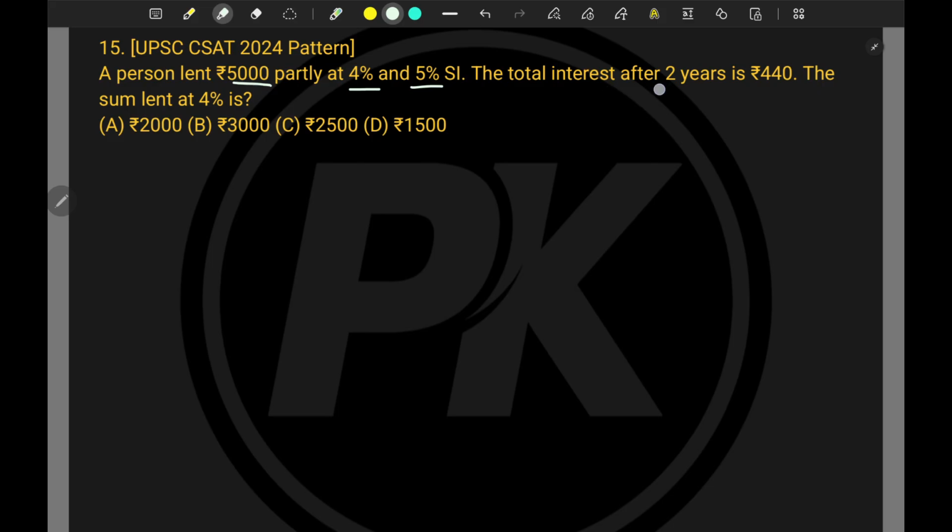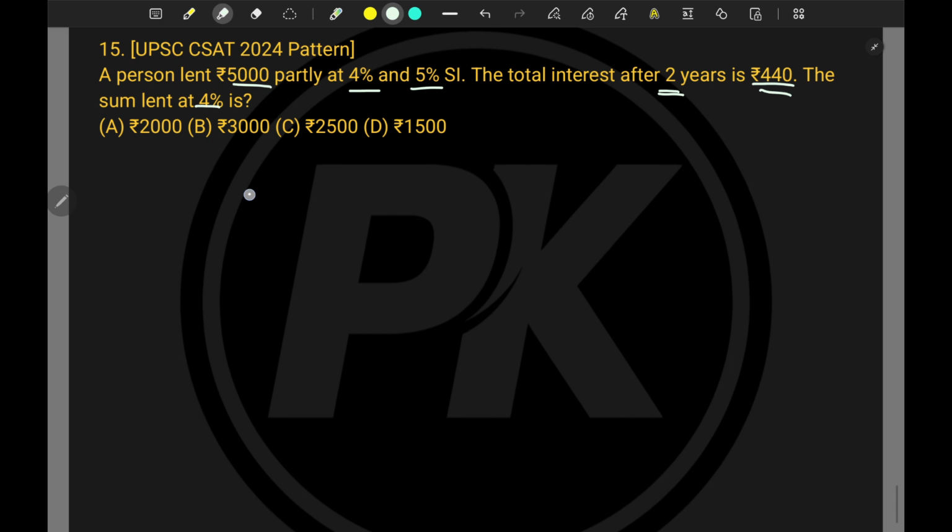The total interest earned after 2 years is 440. We have to find the sum lent at 4%. This is exactly similar to what we have seen earlier, and this question was asked in UPSC CSAT 2024.